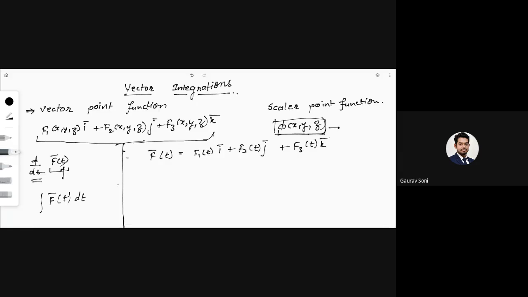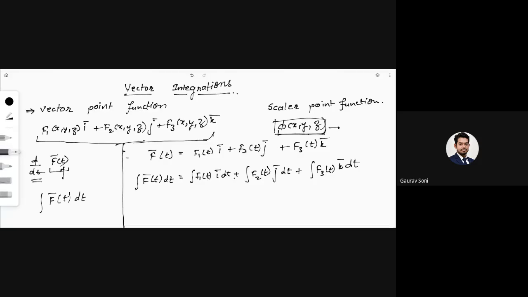Now I have to take the integration of this f bar of t dt. So how am I going to take it? I know the integration separates over addition. So I'll take integration of f1 of t i bar dt plus integration of f2 of t j bar dt plus integration of f3 of t k bar dt.